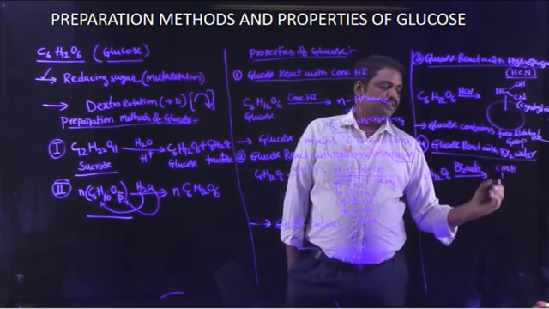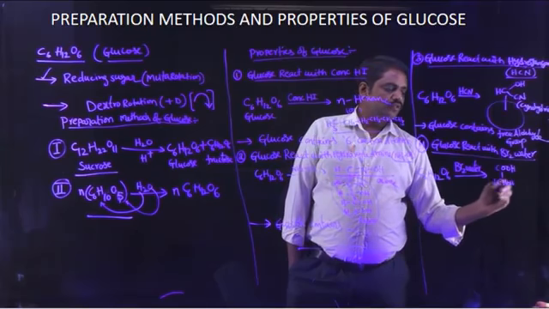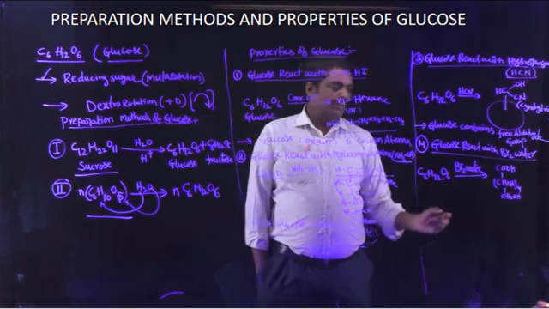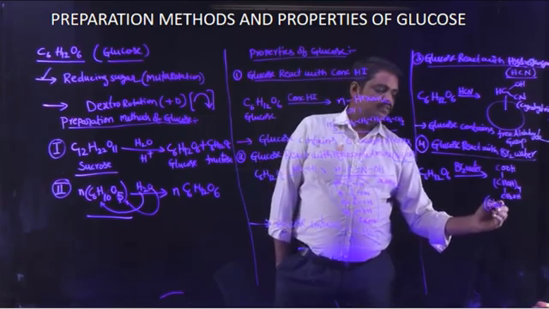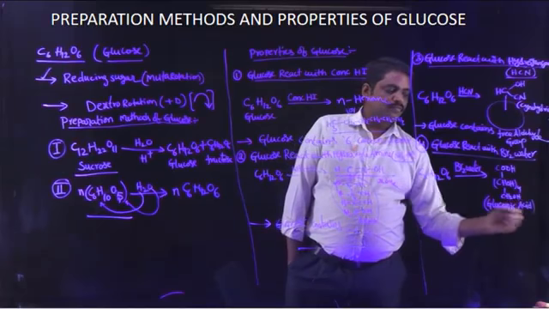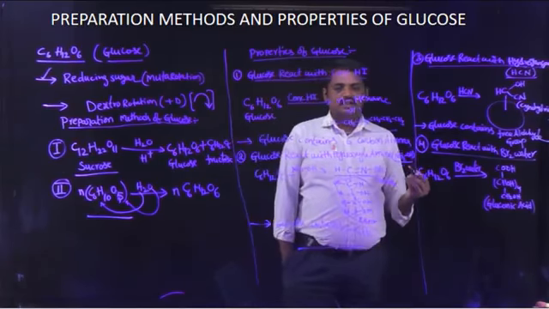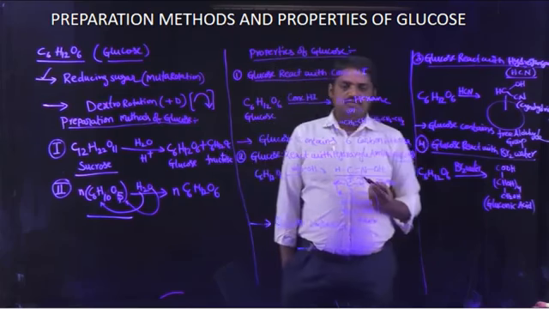Gluconic acid means COOH, (CHOH)4, CH2OH. This molecule is named gluconic acid. Glucose reacts with bromine water and is converted to gluconic acid.